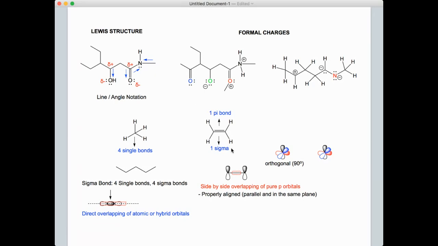For this molecule here, side by side means I'm going to draw the molecule slightly differently. I'm going to draw the same molecule showing the sigma bonds as lines, and then I'm going to draw the pi bond.